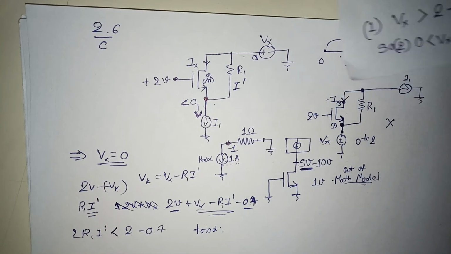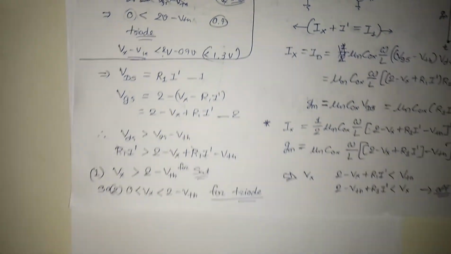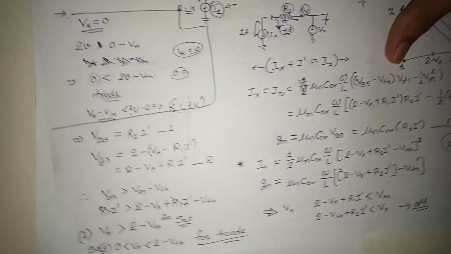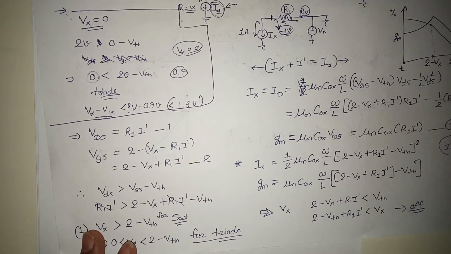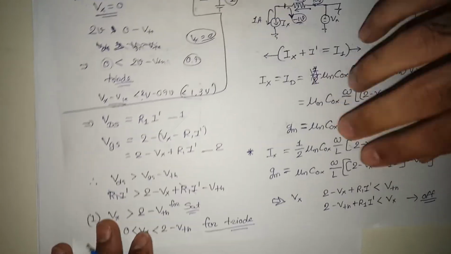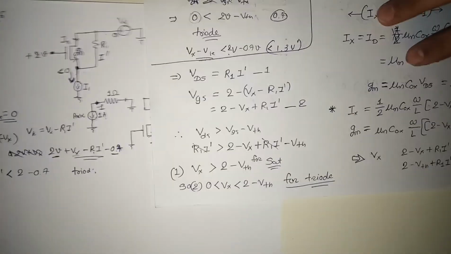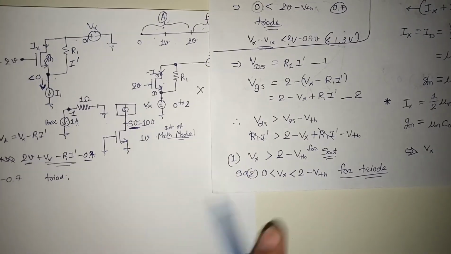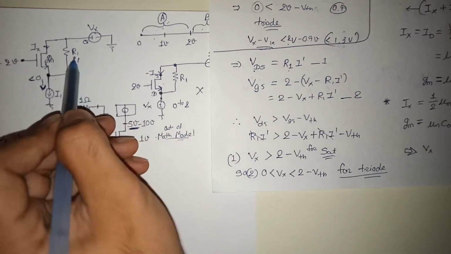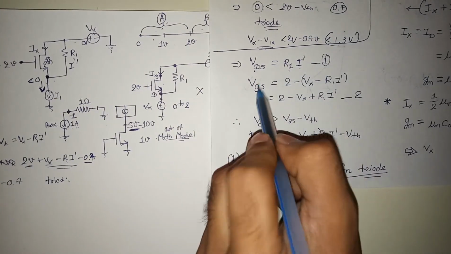I already wrote the equations, let me just show you that. I was giving the same explanation to one of my students, so I already wrote this. If you see here, your VDS is R1 into I dash, this is equation 1.